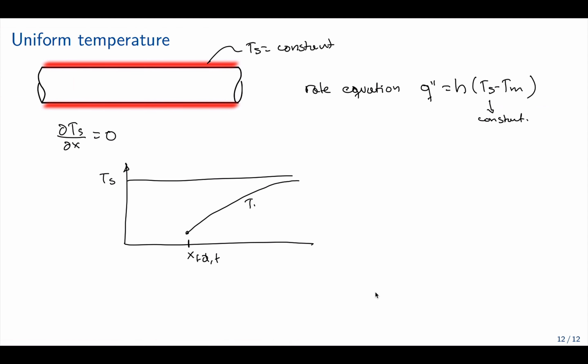This is the mean temperature. Okay, so these are the two possible situations that we have for conditions on the pipe: either constant heat flux or constant temperature on the surface.